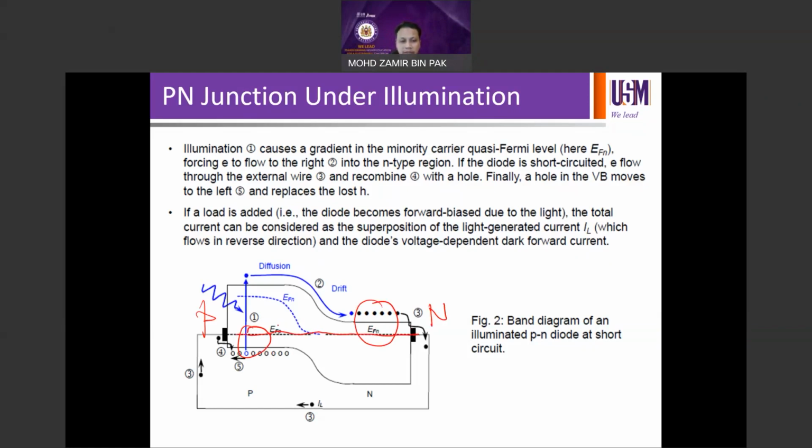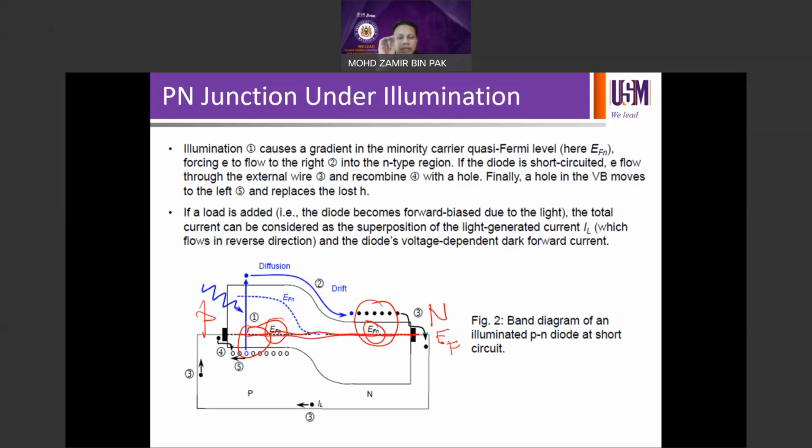So you can label this as EF in the P, EFP, and EF in the N, EFN. But the bottom line is, there is only one EF at thermal equilibrium. So when you want to talk about an illuminated junction, remember I always told you to go back to the thermal equilibrium condition, where you only have a single Fermi level.